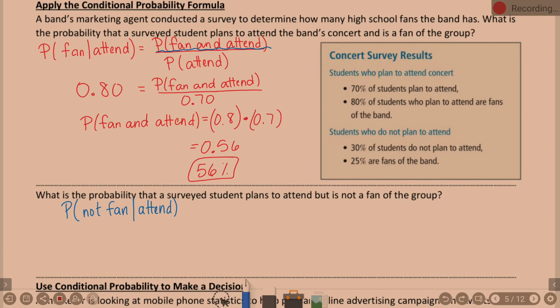Set up our formula like we have been. On top, it's both, right? Probability of not a fan and attending, divided by probability of the condition, right? Go back to that original formula. Same thing as last time. We are trying to fill in what we do know.